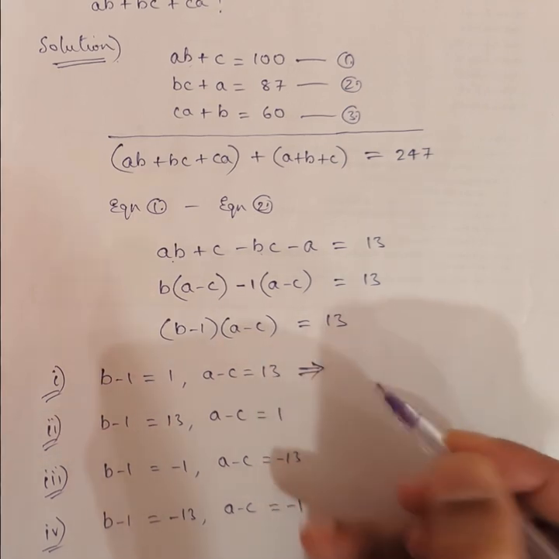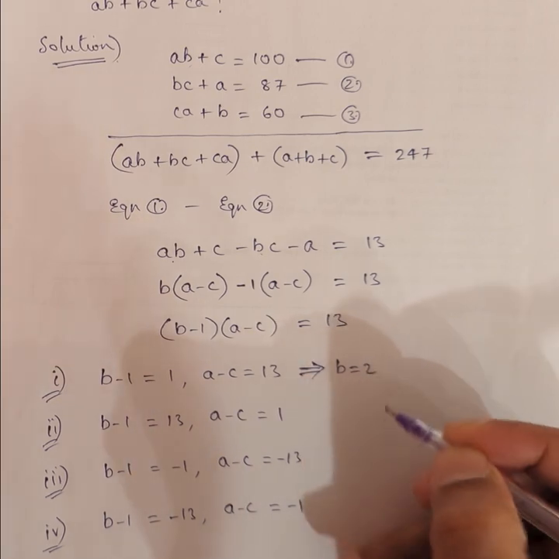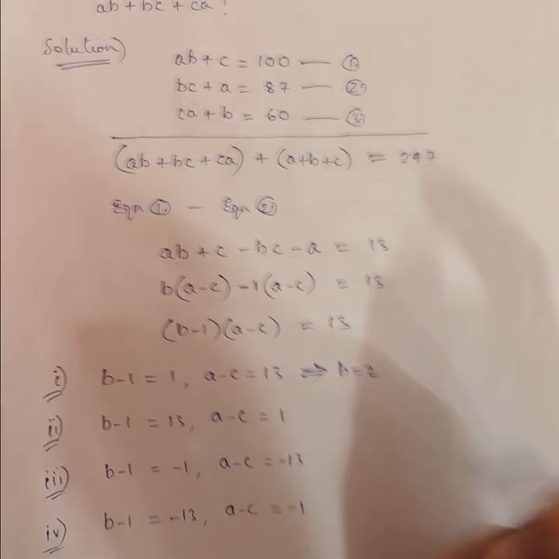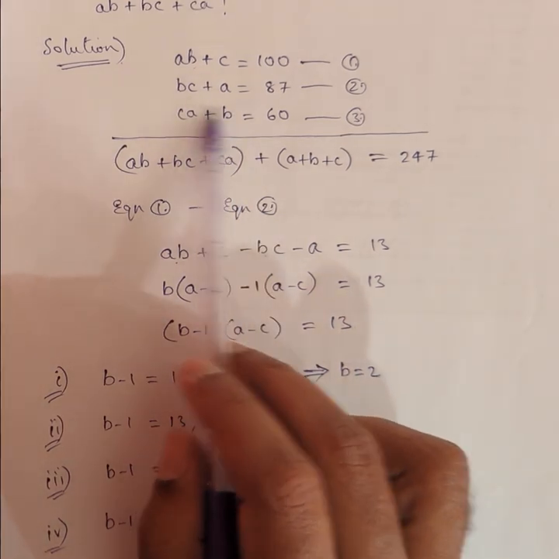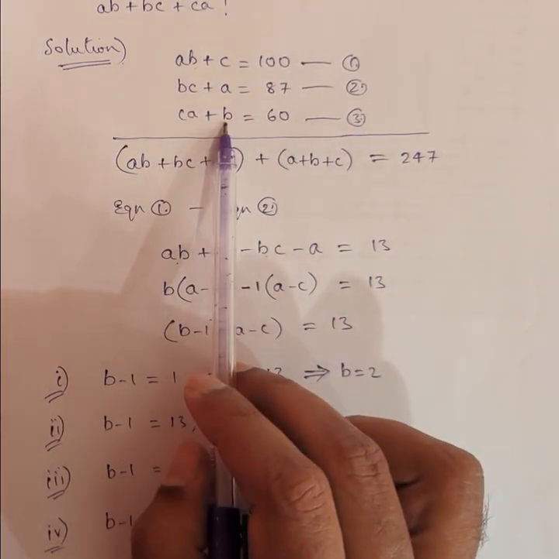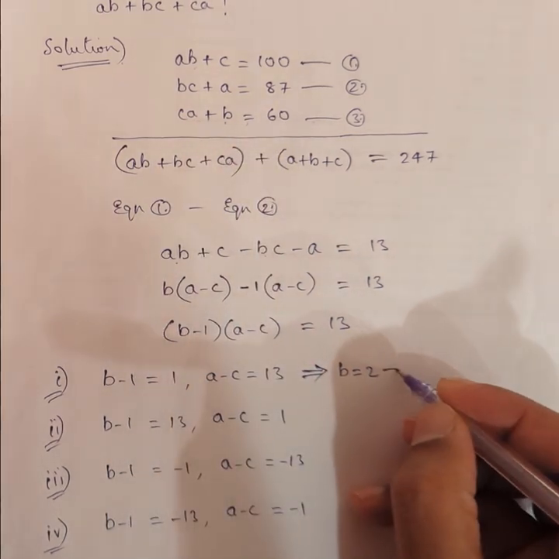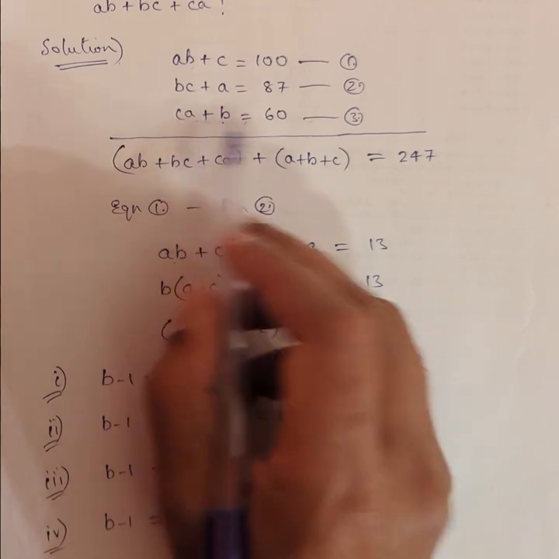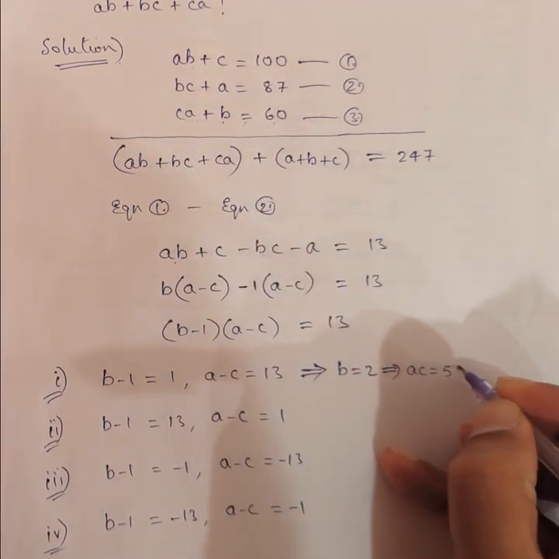Looking at the first option, b minus 1 is 1, so that gives me b equal to 2. If b is 2, then I want to look at equation 3. That would tell me ac would have to be 60 minus 2, which is 58.